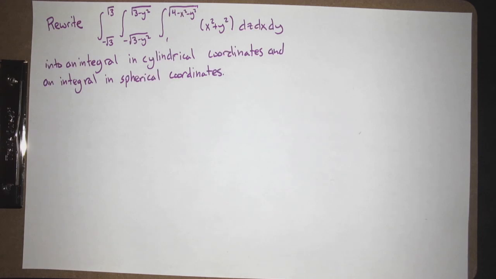Rewrite the integral from negative root 3 to positive root 3, negative root of 3 minus y squared to positive root of 3 minus y squared, 1 to the square root of 4 minus x squared minus y squared of x squared plus y squared dz dx dy into an integral in cylindrical coordinates and an integral in spherical coordinates.